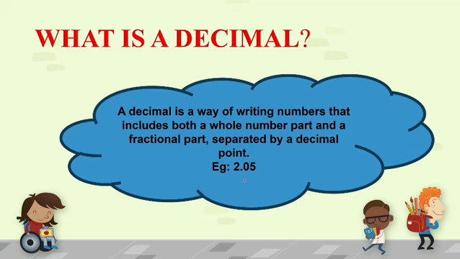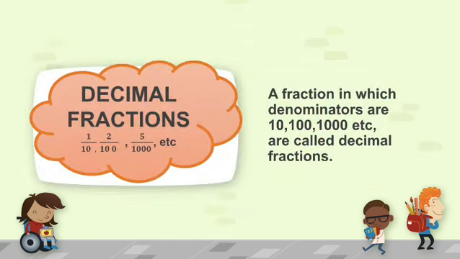Decimal fraction? What are decimal fractions then? A fraction in which denominators are 10, 100, 1000, etc. are called decimal fractions. So what do you see in the example? Here, what is the denominator? 10.